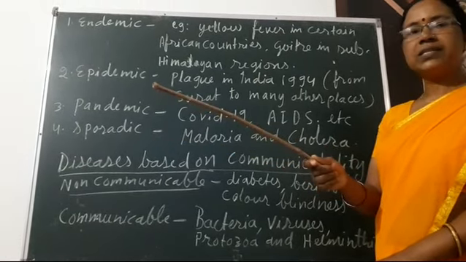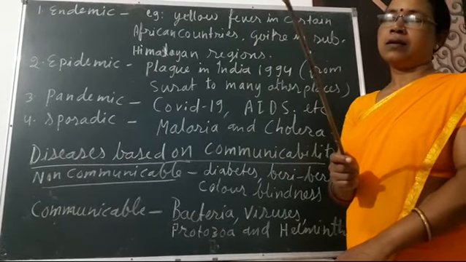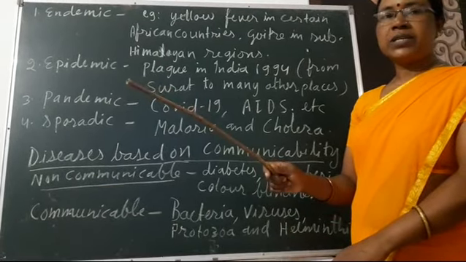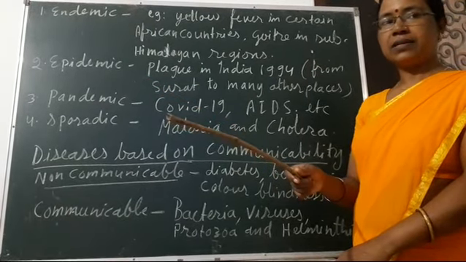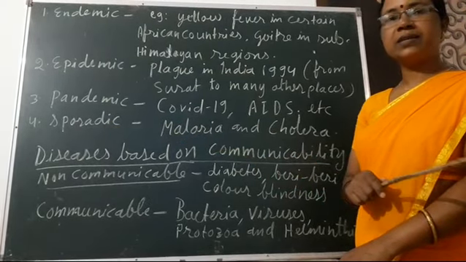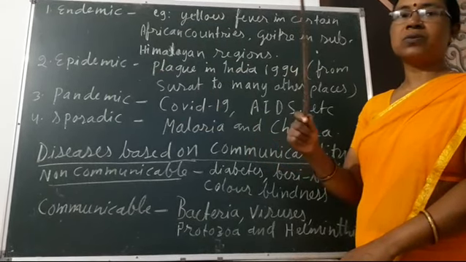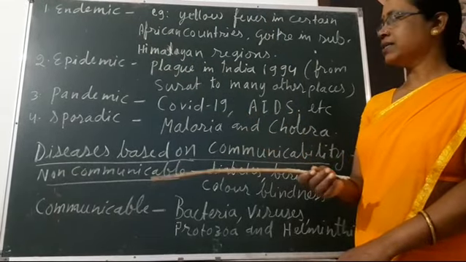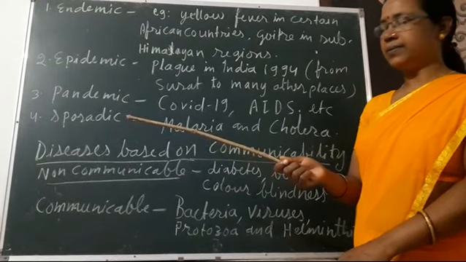And next we will see about the diseases based on communicability. There are two types, that is, infectious and non-infectious. Infectious means the disease spreads from one person to another when they are in direct contact or due to living together or sharing food or clothes, that will spread from one person to another person, that is communicable.